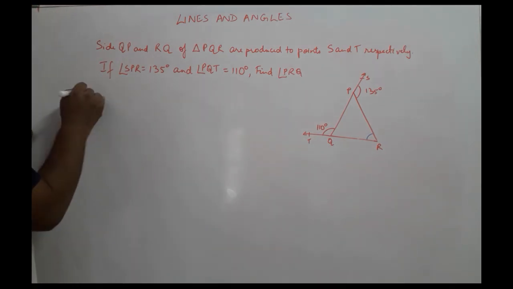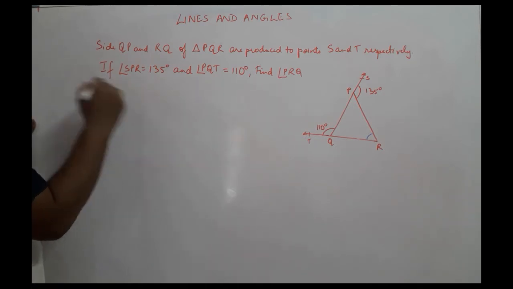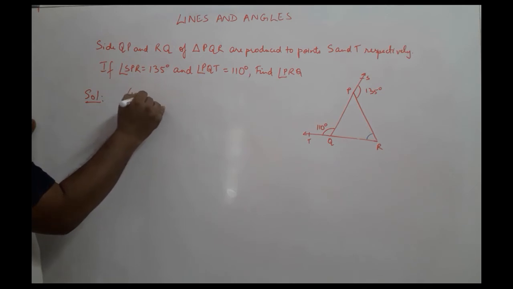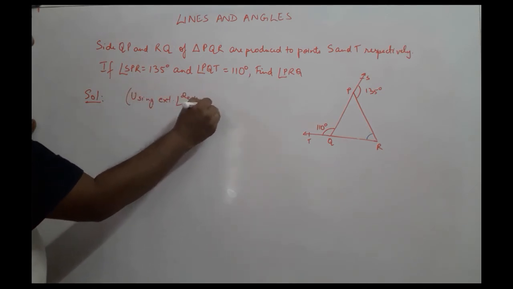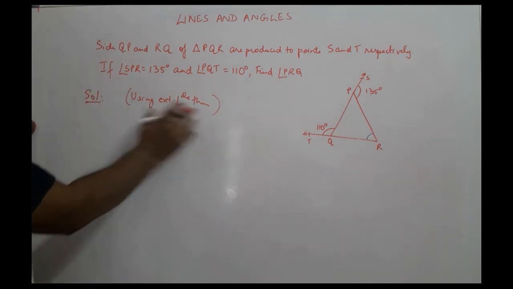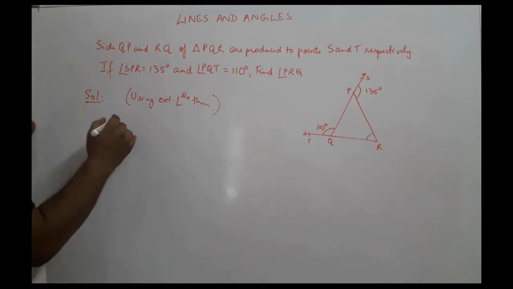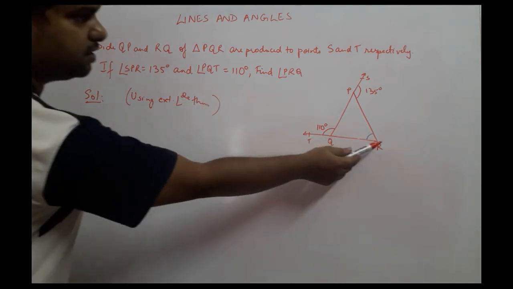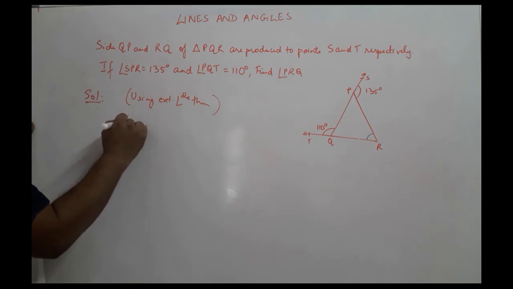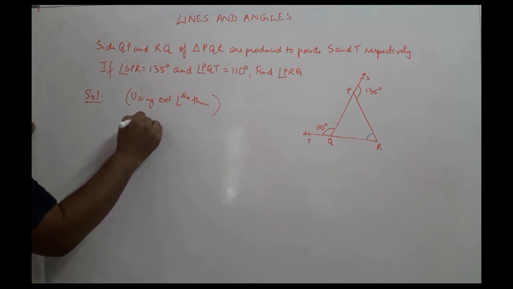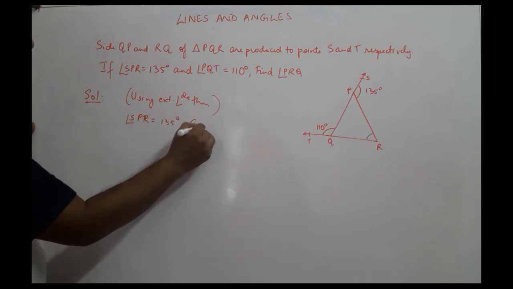So the solution, in case you are using the exterior angle theorem, will be as follows. Let's begin with this angle SPR, equal to 135 degrees, and that is given.